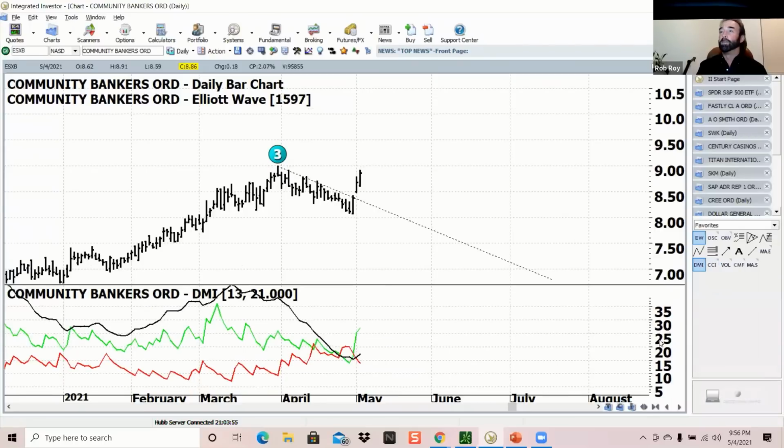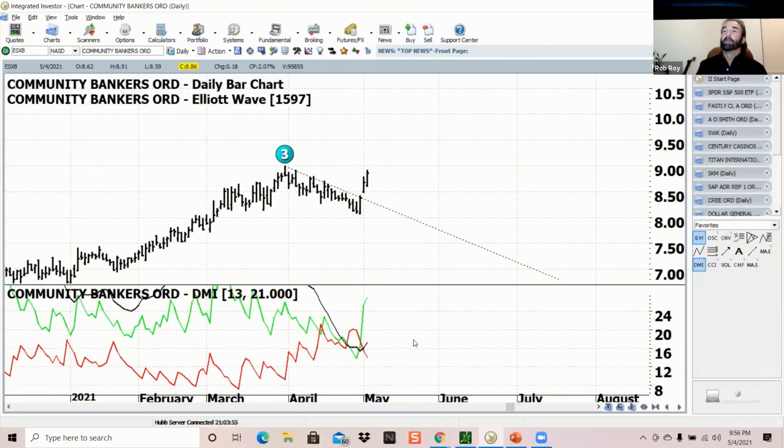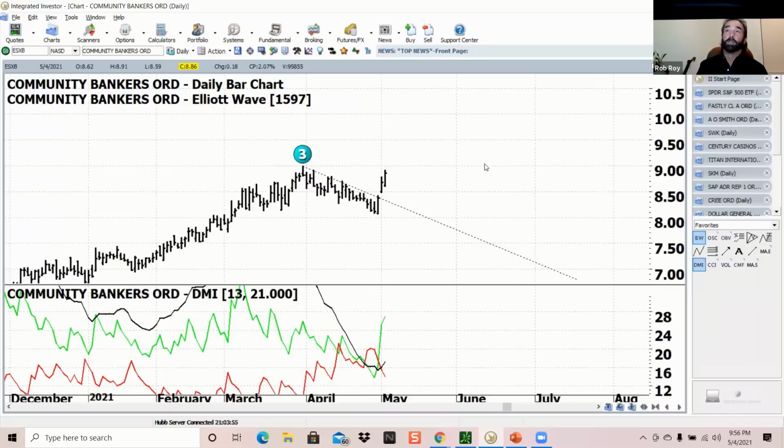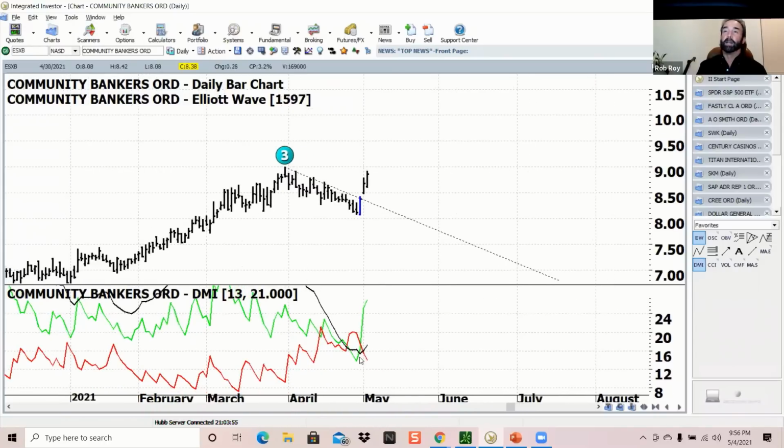Now, when we look at this, this has to go on the watch list, but this looks really interesting. The reason I say that is the ADX is curling up, but it hasn't gotten to 20 yet. And that's one of my rules. The ADX has to get to 20. You look at the separation here and you're like, but look how good that looks. And it does look good. Separation between the two directional indicators, the ADX is curling up.